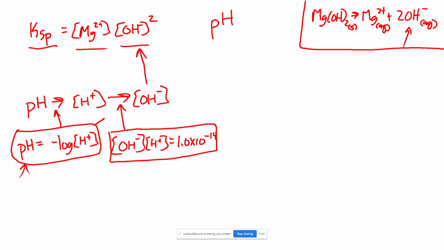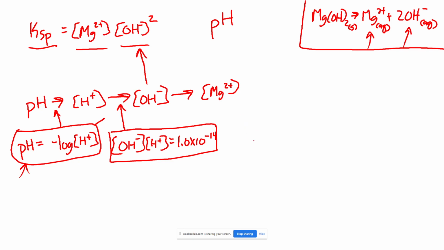There's no reason for us to believe that there's something else going on. So if this is our only source of OH minus, that means that this is also our only source of magnesium. And we know the ratio between the two, which then allows us to find the concentration of the magnesium.